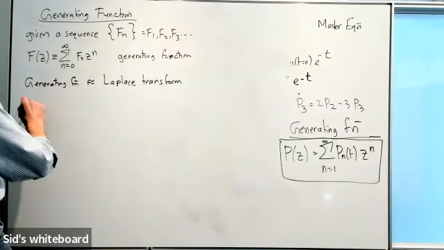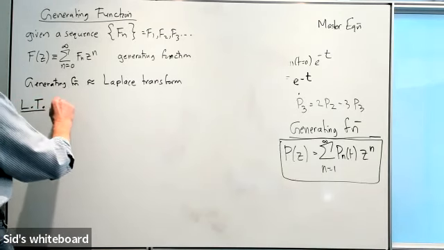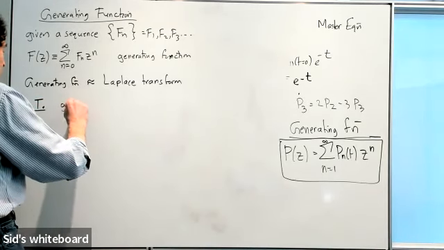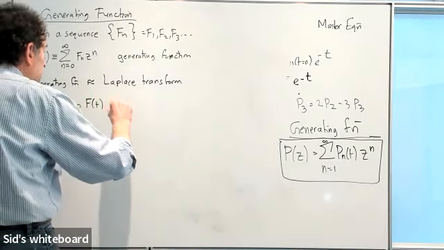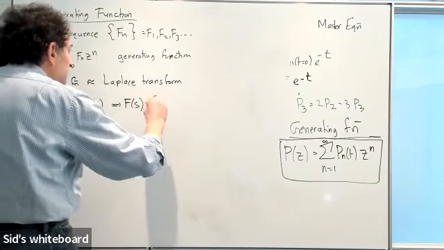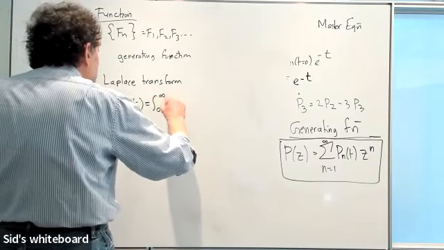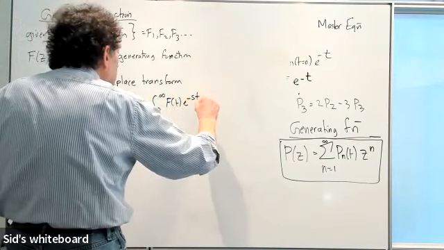I'll write this as LT for Laplace transform. We're given some function of time, and we define the Laplace transform f of s is equal to the integral from 0 to infinity f of t e to the minus st dt.